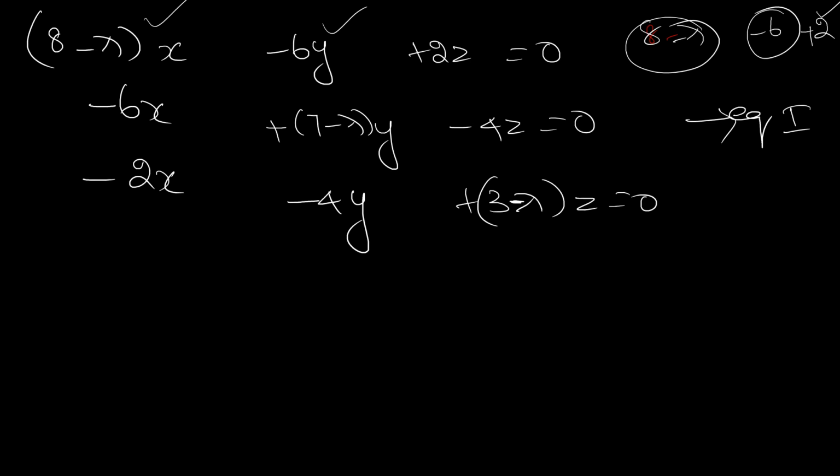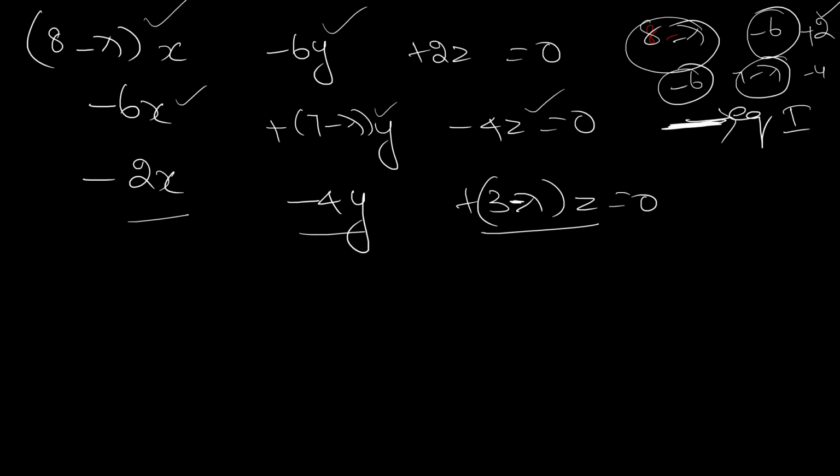And second row what we had, minus 6 and 7 minus lambda and minus 4. Correct? So minus 6 into x, I have written this, plus 7 minus lambda into y minus 4z. And third row we had 2, minus 4, 3 minus lambda. So minus 2x minus 4y plus 3 minus lambda into z is equal to 0. So this is your master equation.